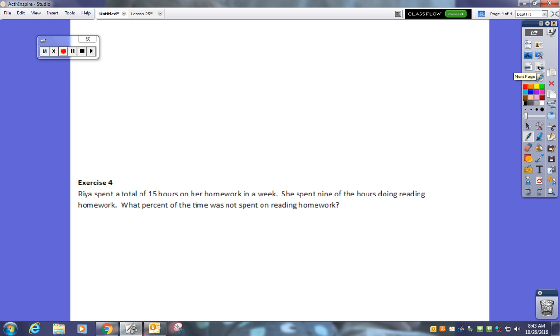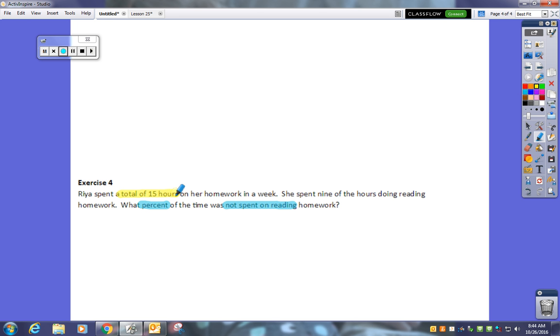For our final problem, it says Rhea spent a total of 15 hours on her homework in a week. She spent 9 of the hours doing reading homework. What percent of the time was not spent on reading homework? This time, we are looking for the percent not spent on reading. Reading back into the problem, we have the total number of hours.